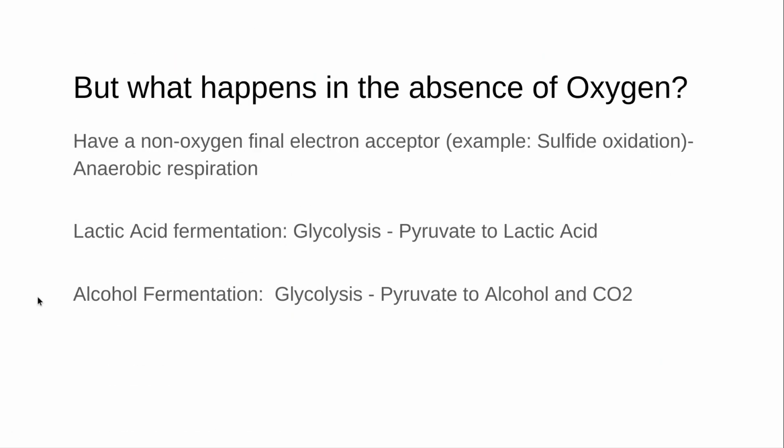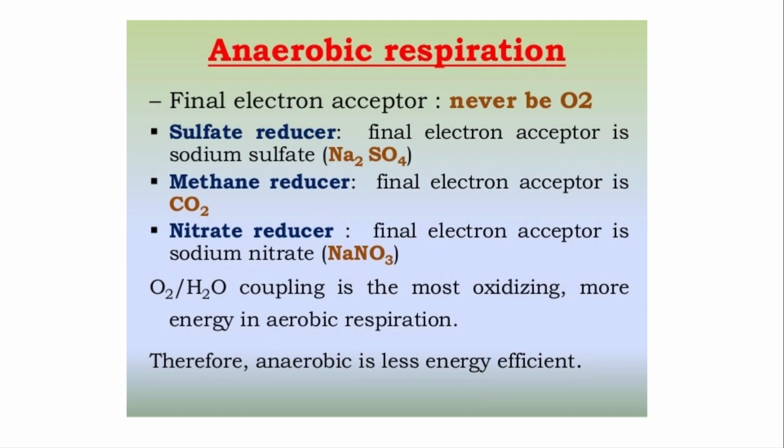Or in our bodies and in some organisms, some bacteria can do this, where pyruvate in glycolysis is converted into lactic acid. Again, remember that none of these processes are energy efficient. But it helps the organism survive as a strategy in the absence of oxygen.